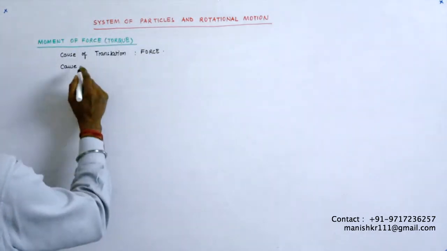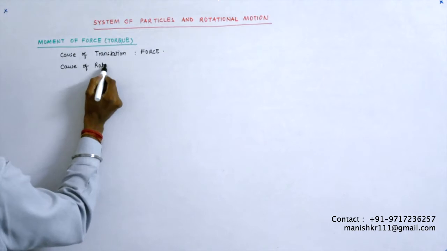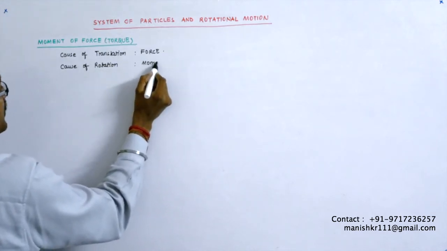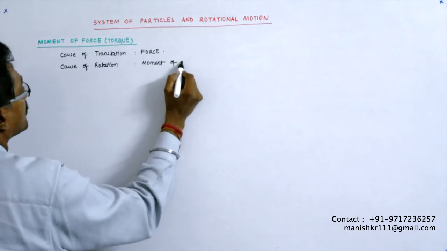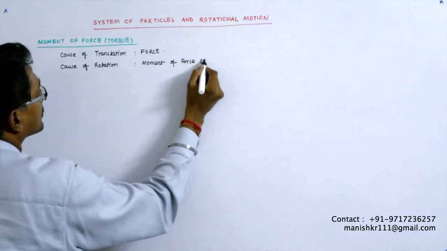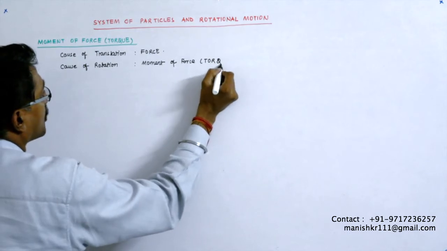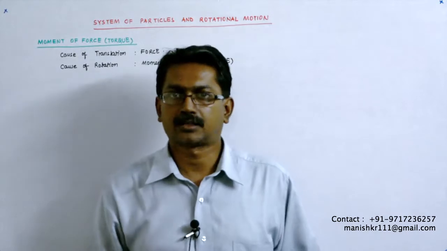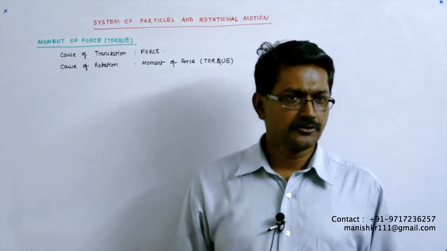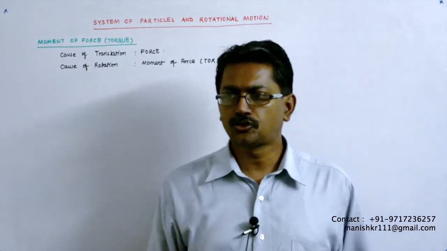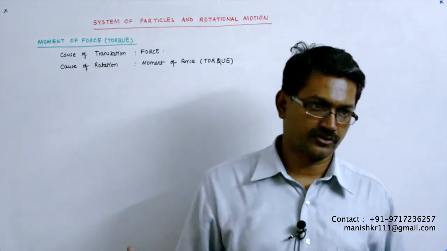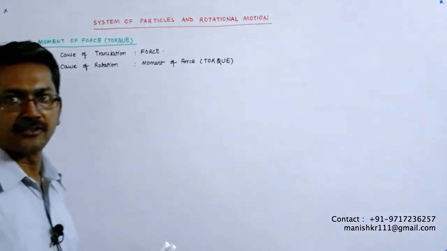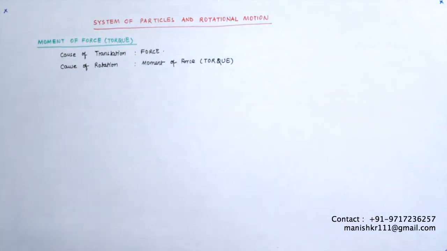Okay, so cause of rotation is what we call moment of force, and that is what is called a torque. Do we get it? We right now saw that torque is not as simple as force, right? So it depends on at least 3 factors, correct?